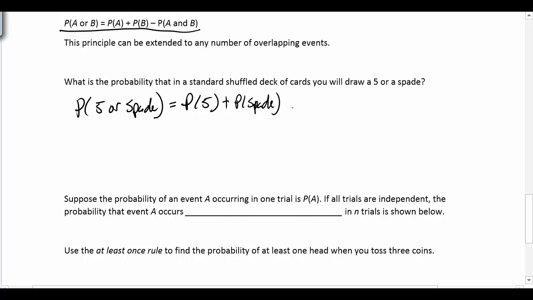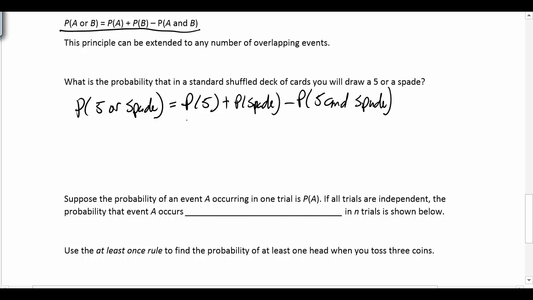Now, are there overlapping events? Could I have a card that has a spade and a 5? And the answer is yes. So I want to subtract off that. If it was a non-overlapping event, then I wouldn't have to subtract off the extra piece. So again, it comes back to overlapping versus non-overlapping determining which of the two formulas we're going to use.